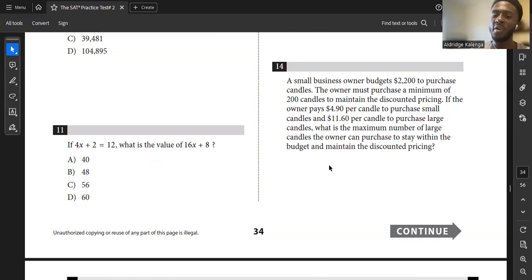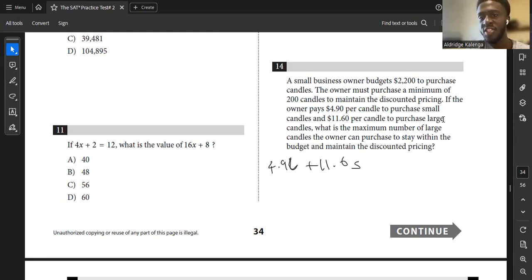The owner pays 4.9, so we're going to say 4.9 for large candles. For each large candle, so if you bought one large candle, it would be $4.9. If you bought two large candles, it would be 4.9 times 2. So we're going to keep this L as a variable for large candles just because we can. And then he spends 11.6 for small candles. So 11.6 for one candle. You could buy 11.6 times 2 for 2 candles, and so on.